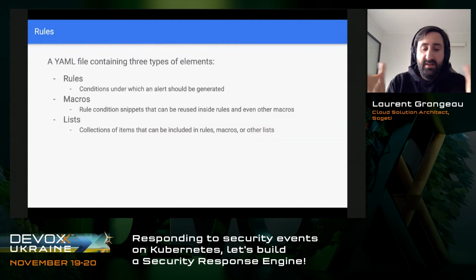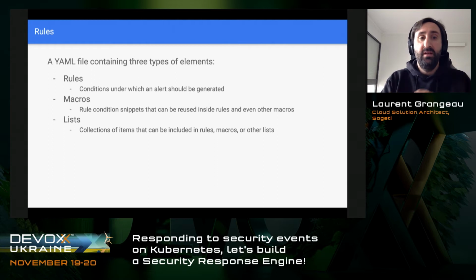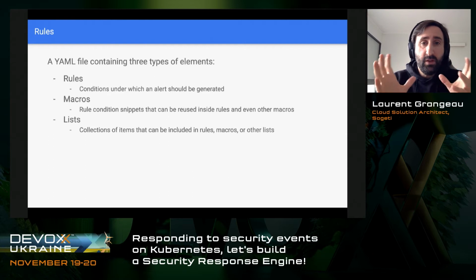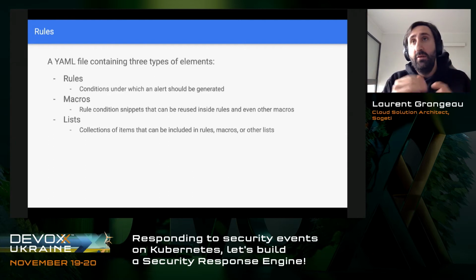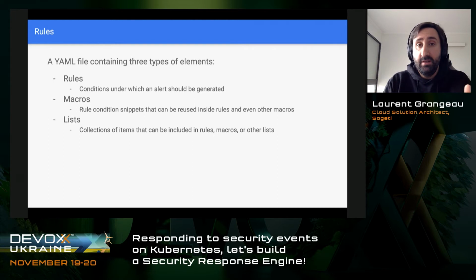So this is how Falco works, and now we are going to see how the rules are defined. A rule is basically a YAML file containing three types of elements. One, the rule itself, and the condition under which an alert should be generated.